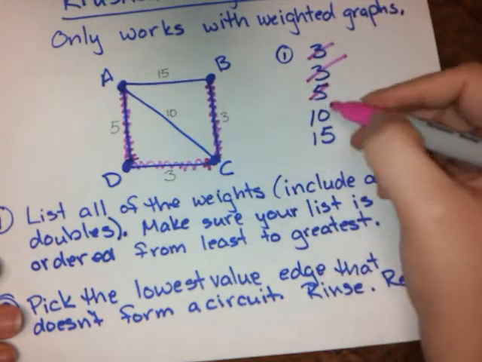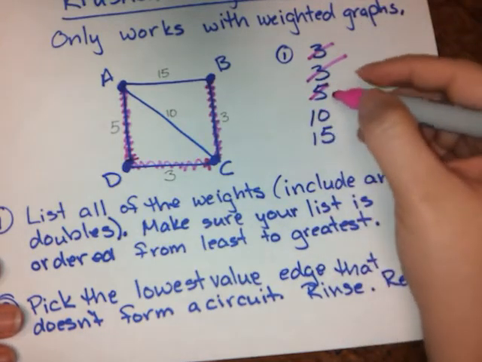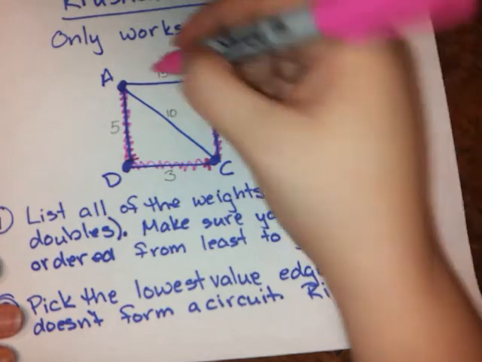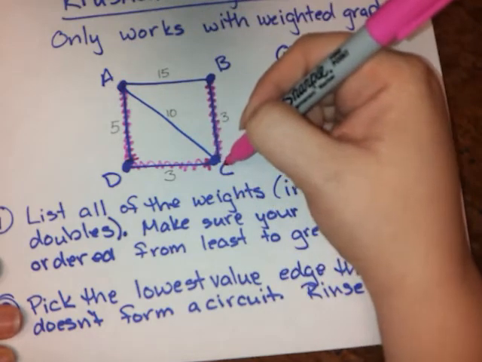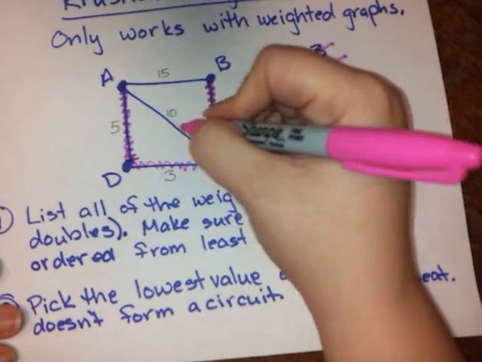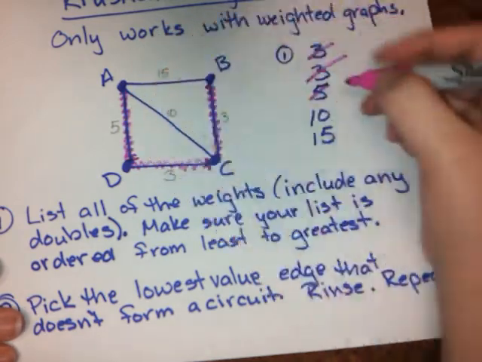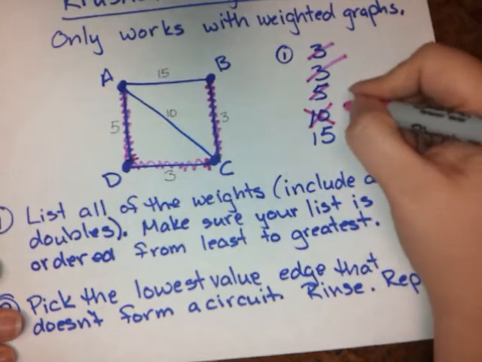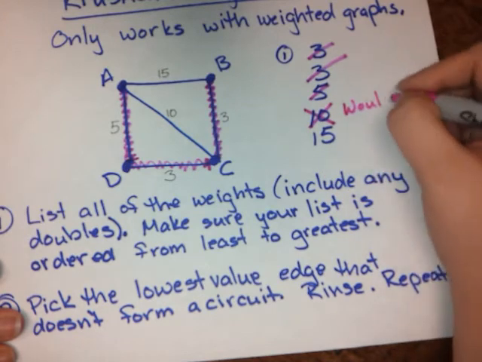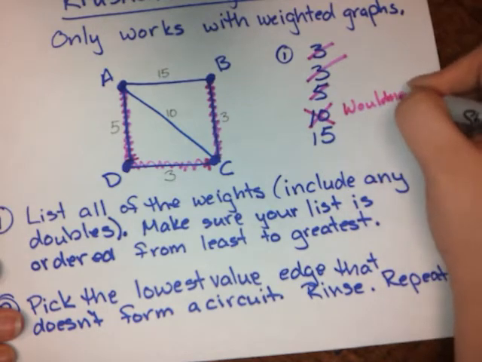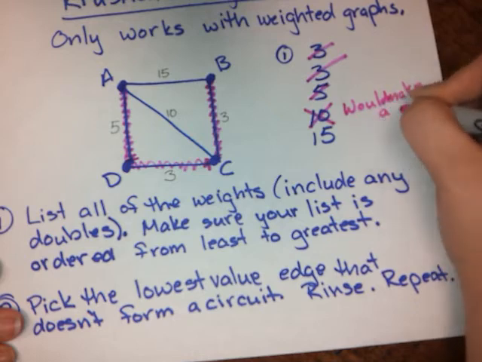Check it off. Okay, the edge that's weighted 10, can I include that in my spanning tree? Well, as soon as I color in that edge, I'm going to have a circuit here, so I can't use it. This would make a circuit.